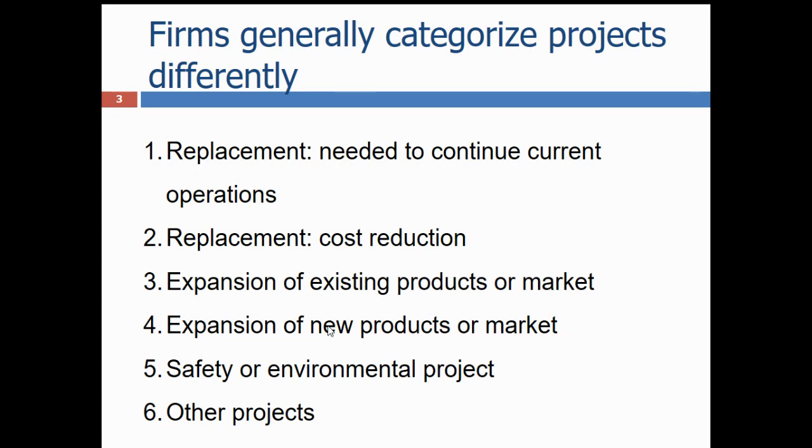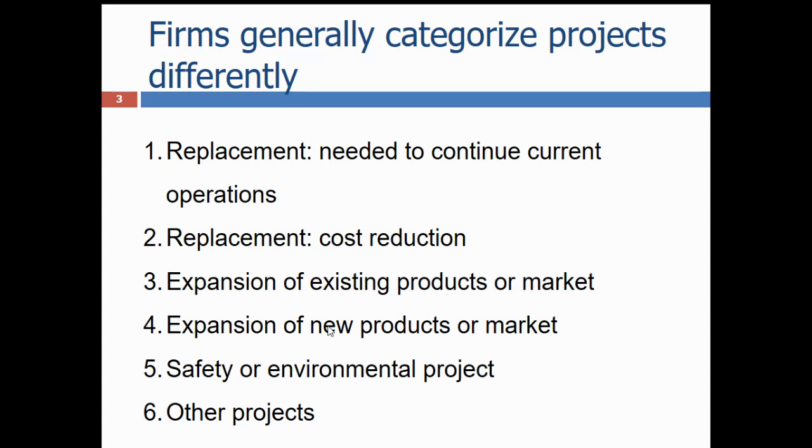The second point is also for the purpose of replacement, but the reason is that you want to reduce the cost. Let's say you have a factory where the machineries are old and consuming too much energy and time.